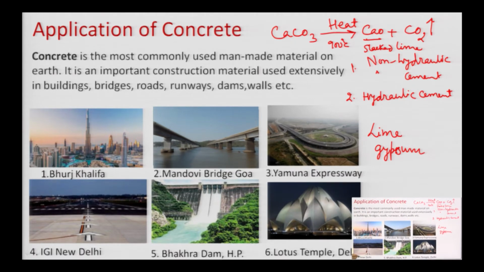So, if slaked lime is there, it will react with the water. If you take CaO plus H2O, it will react and make Ca(OH)2, calcium hydroxide.